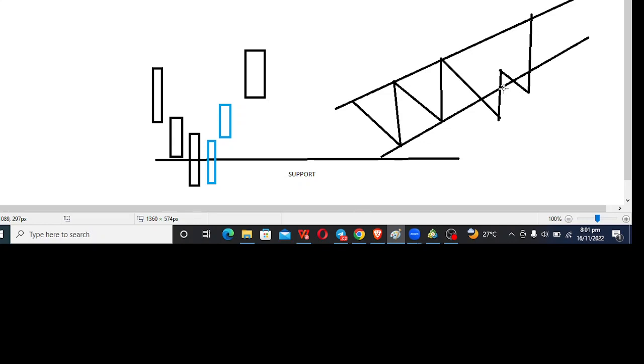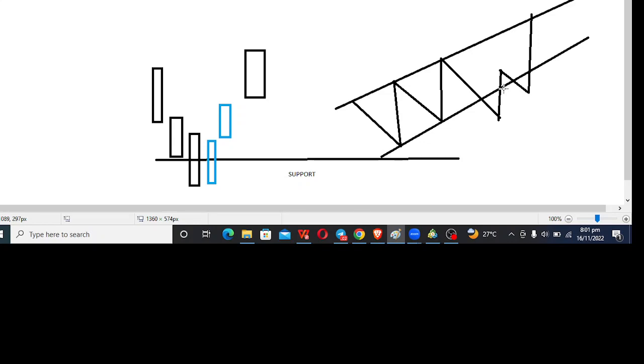So first, you need to understand that the market or the candlestick needs to close below either your support or your resistance. Market needs to close below it. And once it closes below it, trust me, that is not a confirmation.